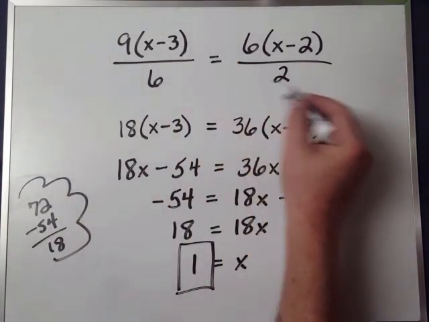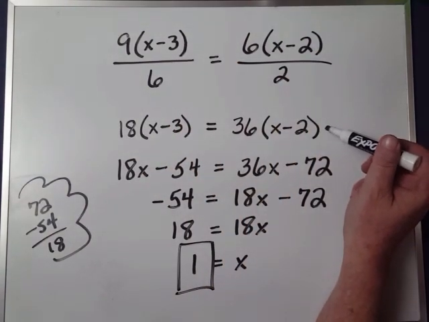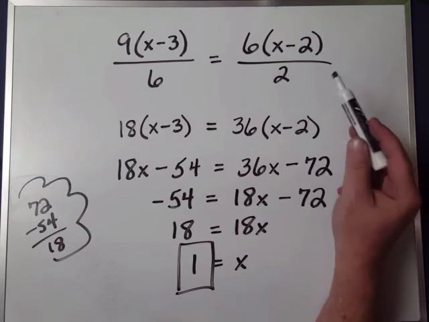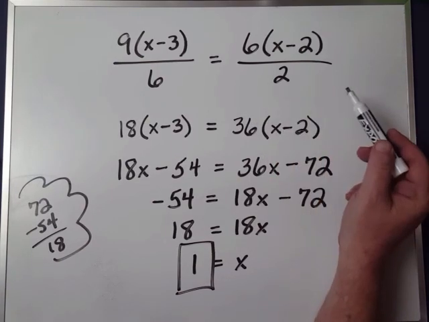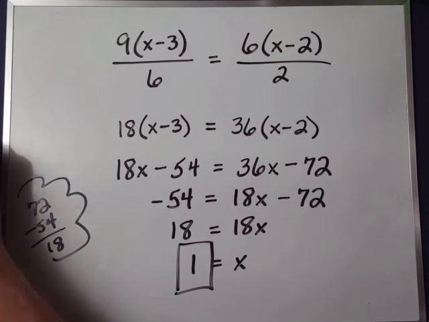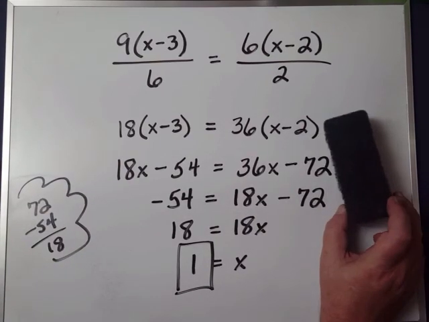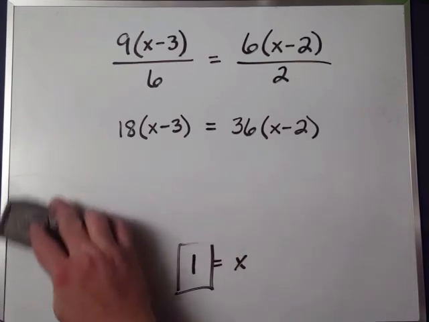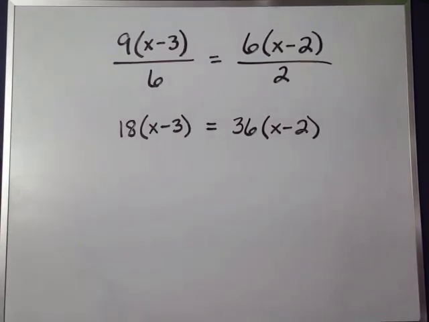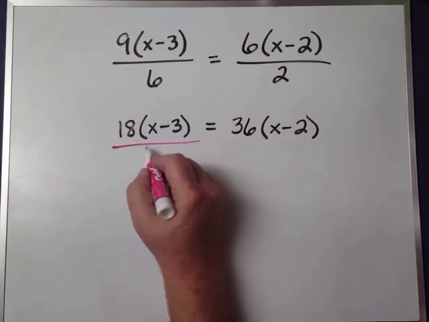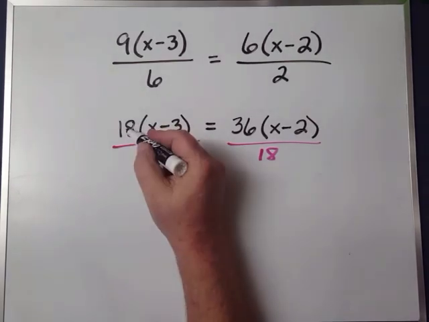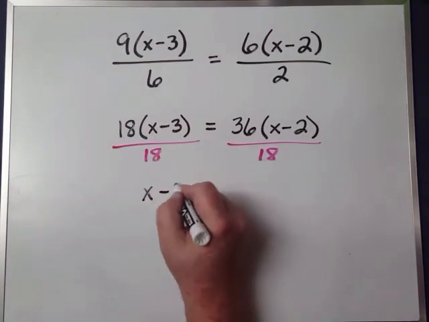So in a proportion, you can cross multiply to get your equation set up with no fractions. It is a method of clearing fractions that is specific to proportions. Fraction equals a fraction. We had some bigger numbers in this problem. If I look closely here at this second step, I see something we could have done. Nothing wrong with what we did, but if we're looking from time to time to make life a little easier on ourselves, why not divide both sides of this equation by 18 right now? 18 over 18 is 1, times the rest is the rest.